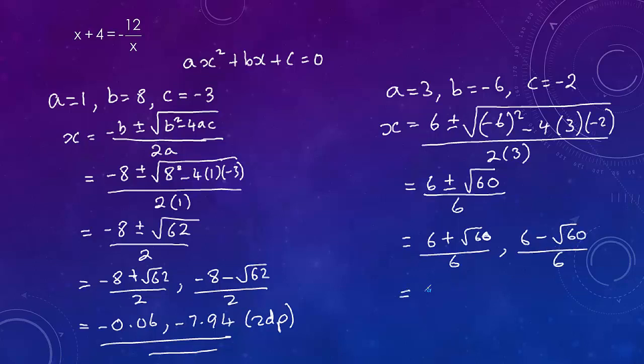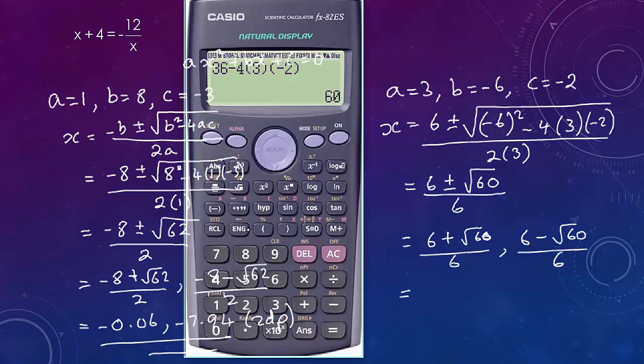And let's calculate those. So use a fraction template, and I have 6, add the square root of 60, divided by 6, and that gives me 2.29.